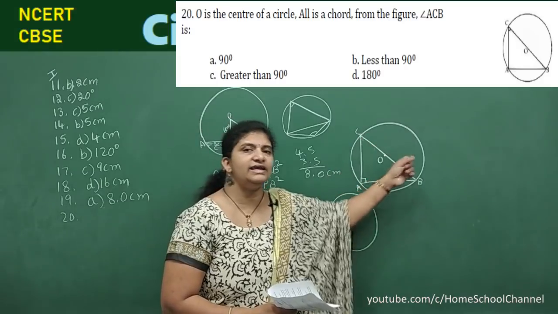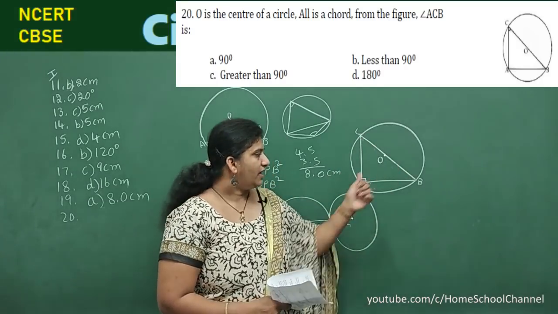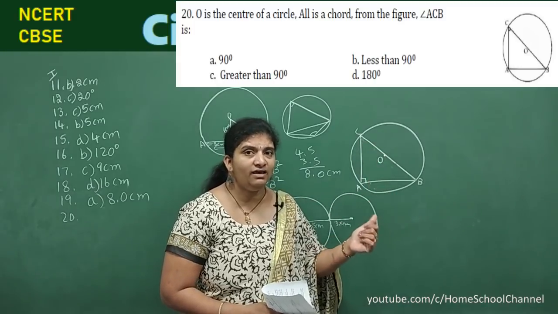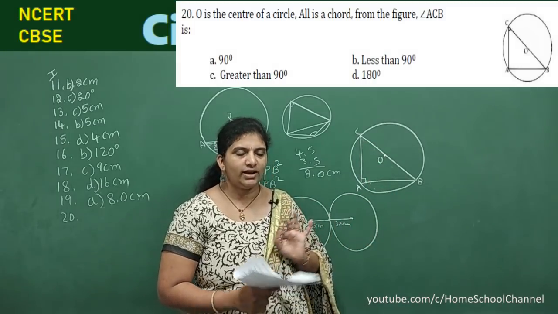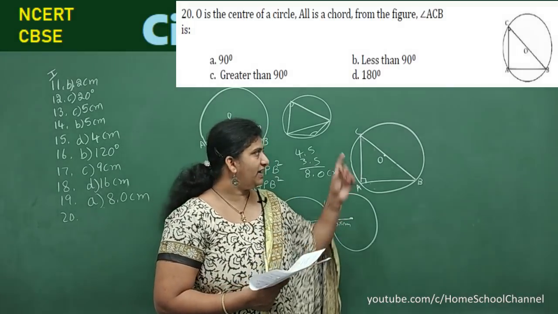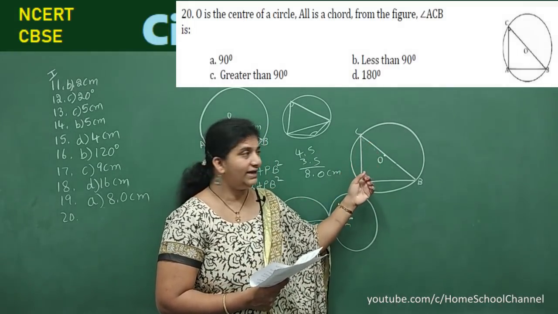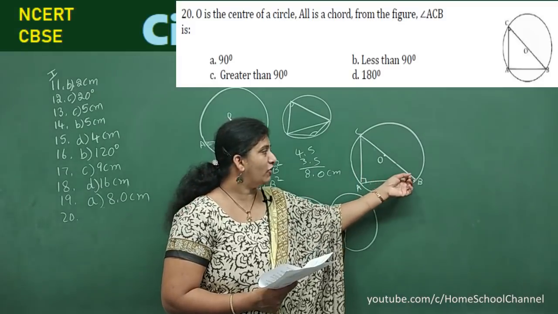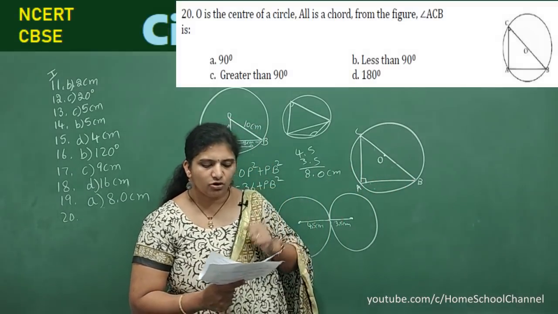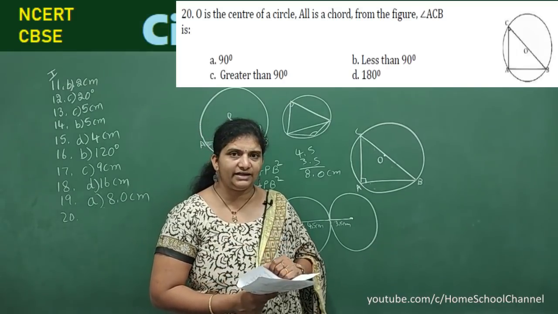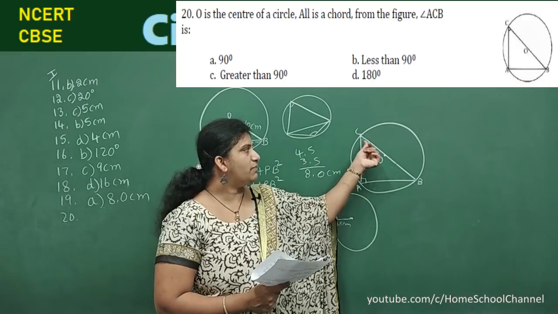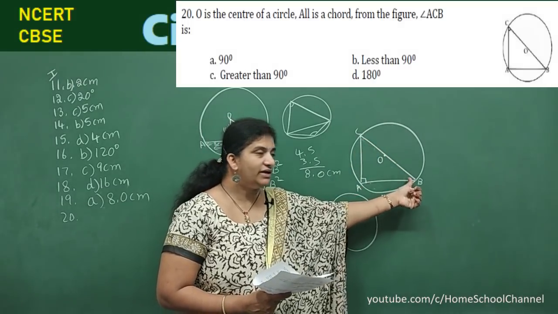What is angle ACB is your question. If this is 90, then the remaining two angles must sum to 90 degrees. So let us go with the options here. Angle ACB 90 degrees? No, 90 plus 90 is 180. Then what about this angle? No, it cannot be the first option. So go with B, less than 90. Yes, less than 90. Suppose if this is 80, this might be 10 degrees.